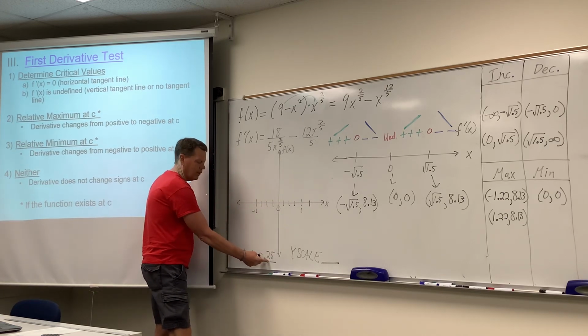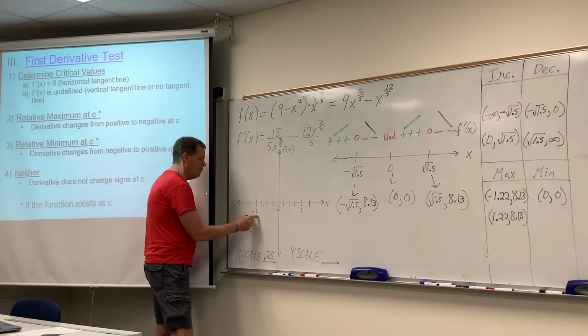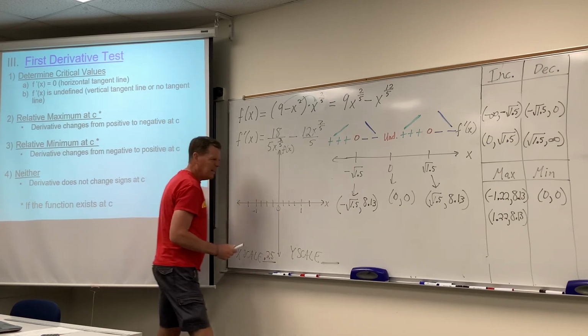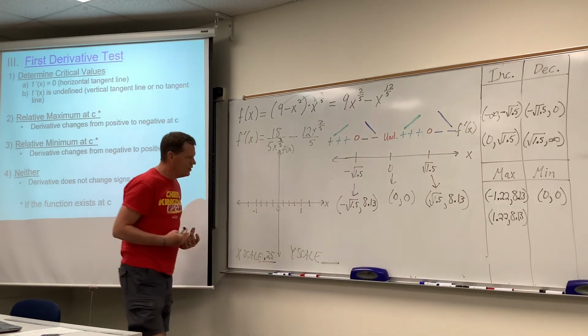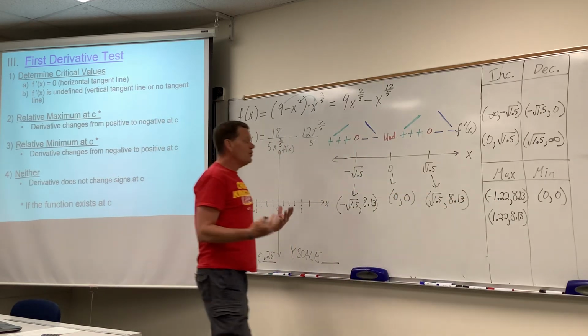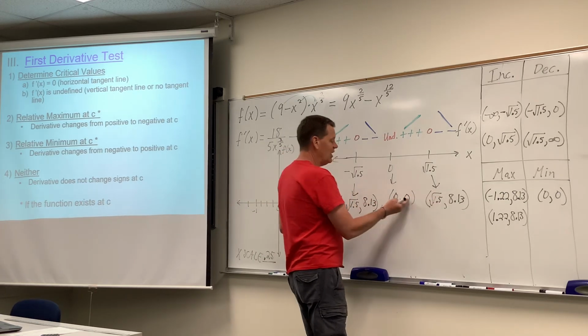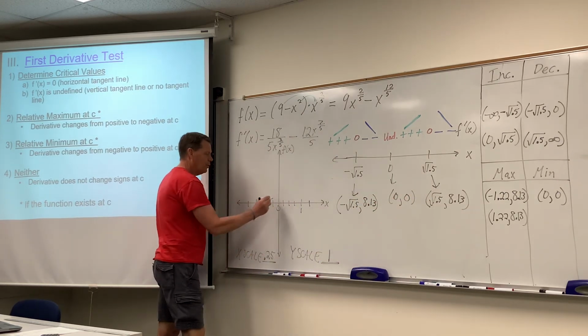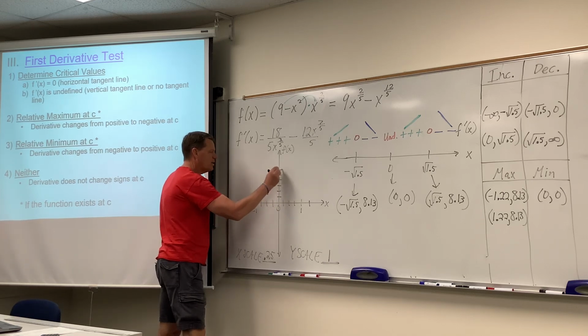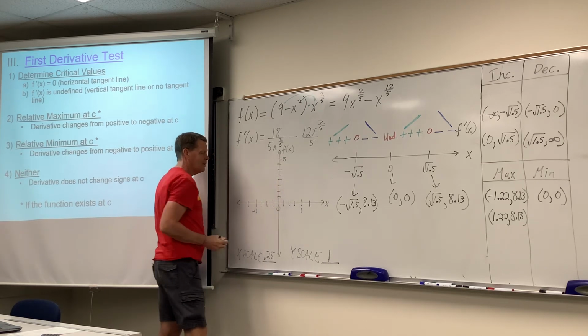I'm going in increments of 1/4, right? So negative 1 1/4. Just use these points to determine your scale. The y values are 8-ish and 0. Okay, I'll scale the y by 1s. Therefore, 1, 2, 3, 4, 5, 6, 7, 8. I'll just kind of put 8 there as a landmark.